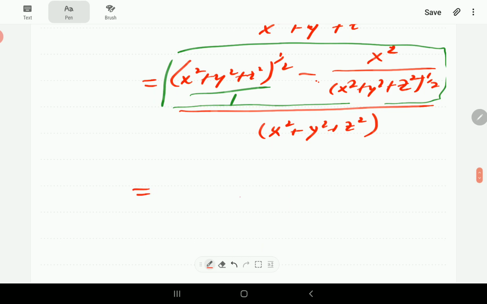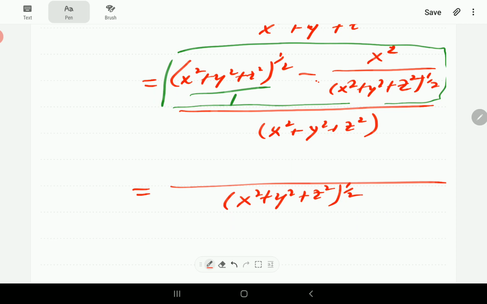The LCM is going to be x squared plus y squared plus z squared to the power 1/2, and then 1 is going to go here, this times this is just x squared plus y squared plus z squared, and then this goes here once, then 1 times x squared is just going to be x squared.